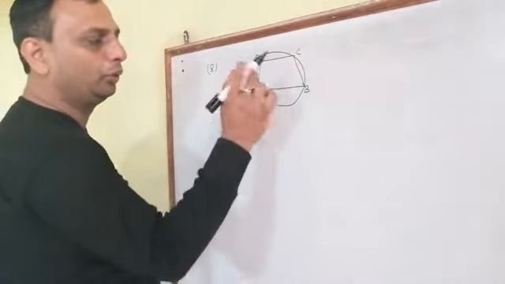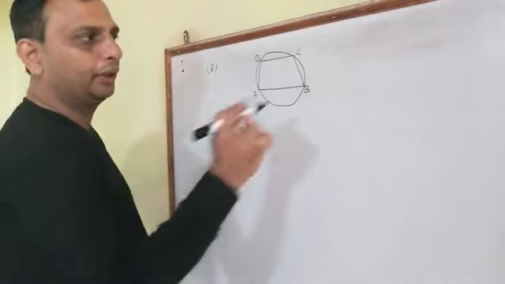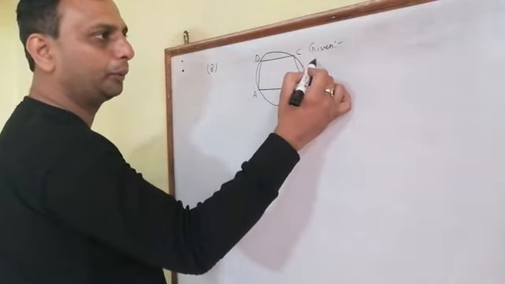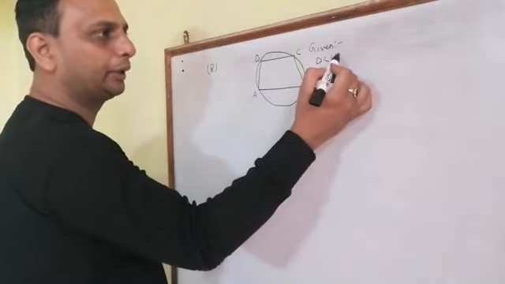Now in this trapezium, we know that DC is parallel to AB, and you should all know this property: in a trapezium, one pair of sides is parallel.